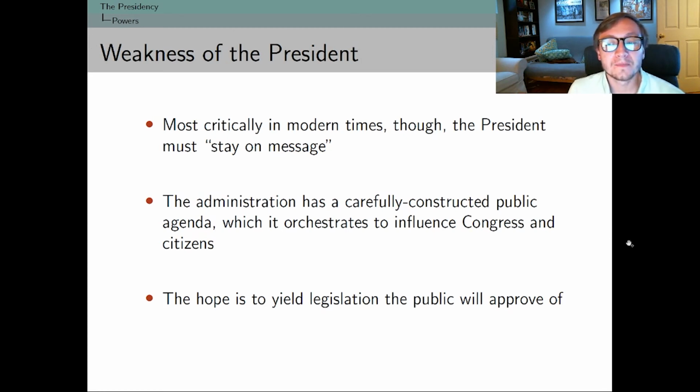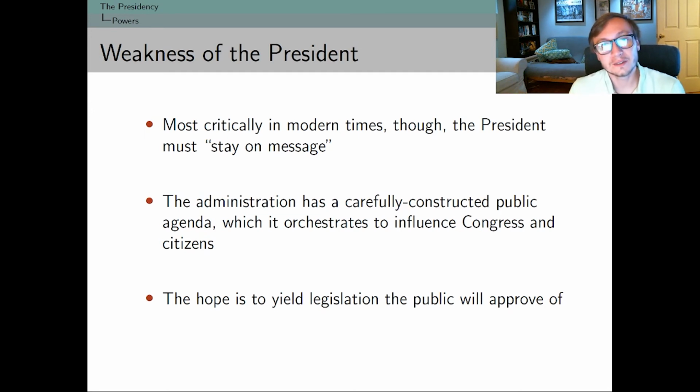And so essentially all administrations are trying as much as possible to provide a message to the American public that is going to resonate, that's going to maybe influence Congress, and that's maybe also going to influence citizens. Because, of course, one of the foremost goals of any presidential administration, at least in their first term, is to get reelected. And so we're trying to yield popular legislation, trying to get people on our side, trying essentially to be viewed favorably by history.